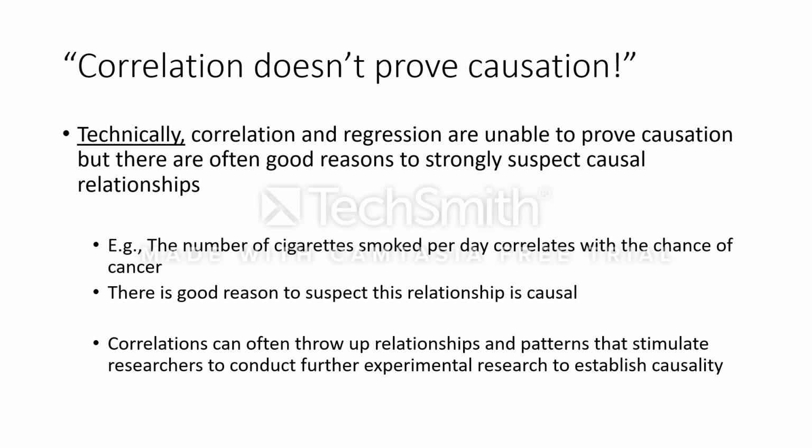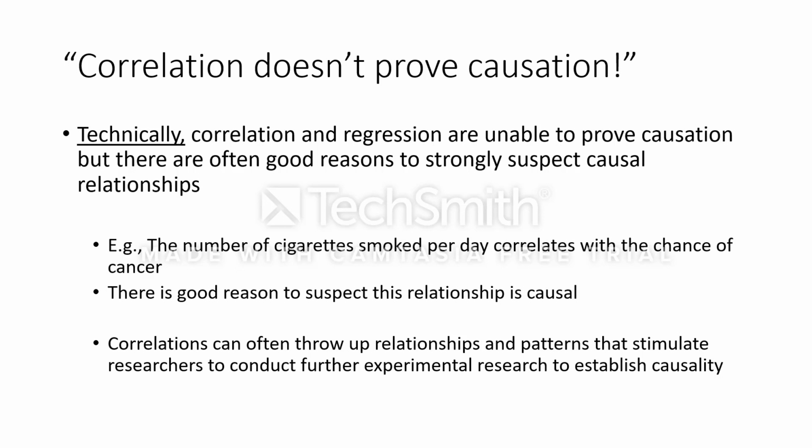We often hear the expression correlation doesn't prove causation. And technically, this is true. Correlation and regression are unable to prove causation, but there are often good reasons to strongly suspect causal relationships.